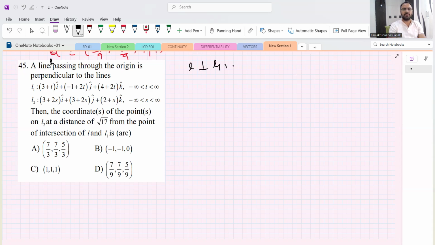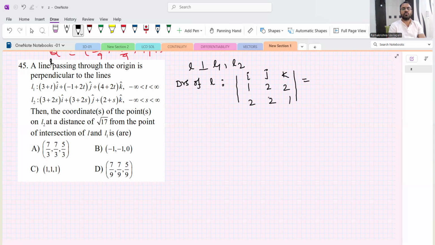Now same procedure, right? So DRs of L is the cross product of the directional ratio vectors, that is 1, 2, 2 and 2, 2, 1.